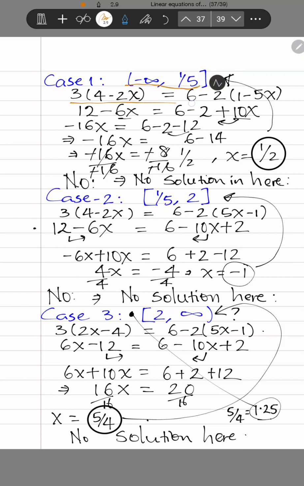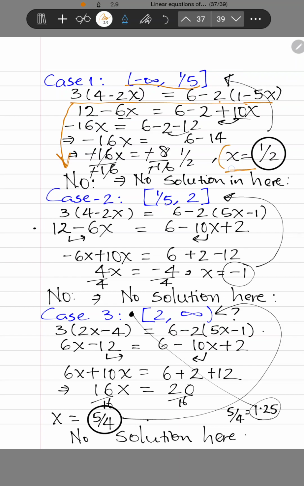The equation is here: 3 times (4 minus 2x) is equal to 6 minus 2 times (1 minus 5x). When we simplify, we will have the value of x as a half. How to simplify this one step by step is found in the lectures section of this YouTube channel. We can go and see how to solve linear equations. That will help a lot.